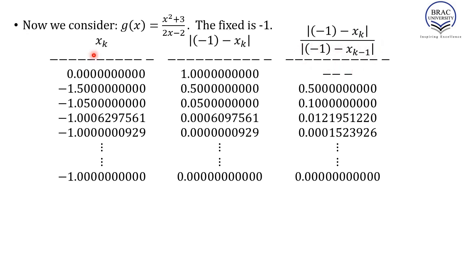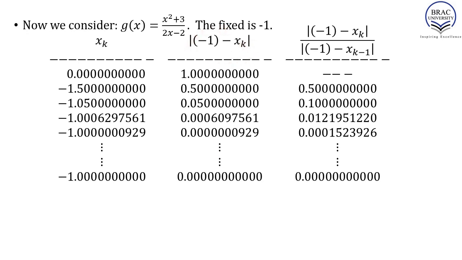Okay, and again the same thing we can observe here. As the number of iterations increases, the xk value converges to x* = -1, and the difference between these two points approaches 0, as it should be, because it is a converging function.